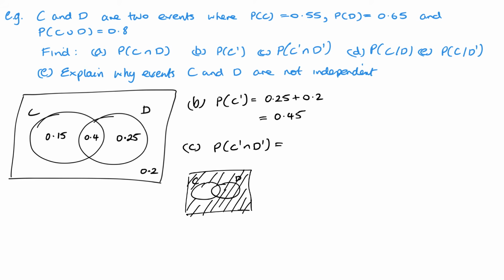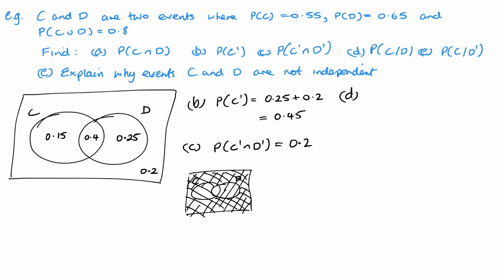Not D, everything outside of D. Intersection, where those two meet, and it's just all outside, so 0.2.